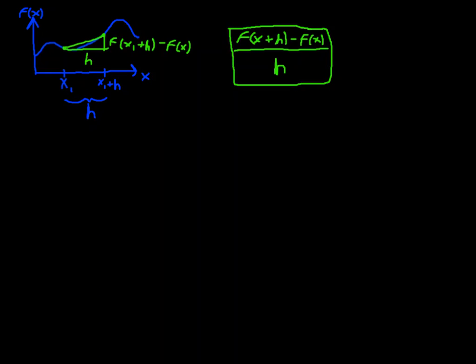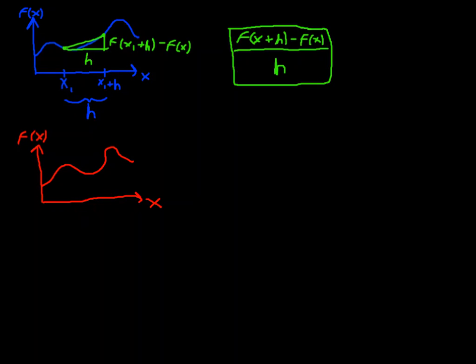Okay, so now I'm going to draw another f of x. It's going to be another just arbitrary function. I've got my x-axis, f of x-axis, and then just some other arbitrary function right there.